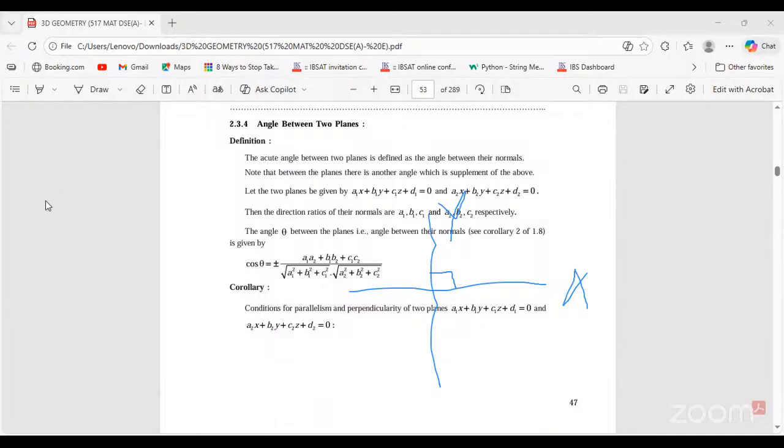In a similar way, consider the angle between two planes. What is the definition? The acute angle between two planes is defined as the angle between their normals. What is an acute angle?